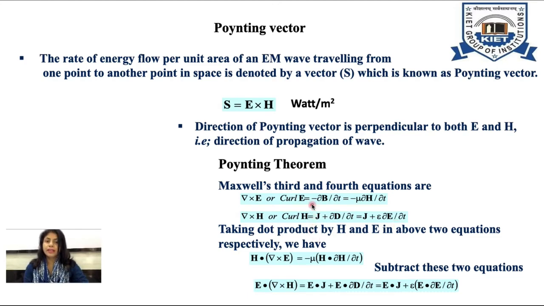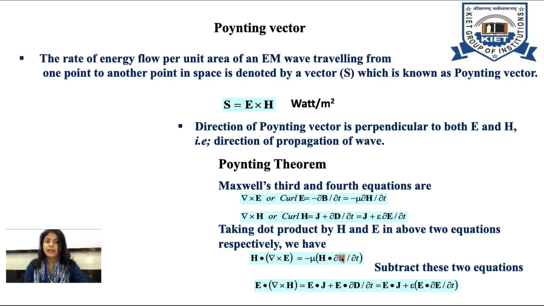Taking dot product by vector H in the third equation, we have H dot del cross E is equal to minus mu H dot del H over del t.